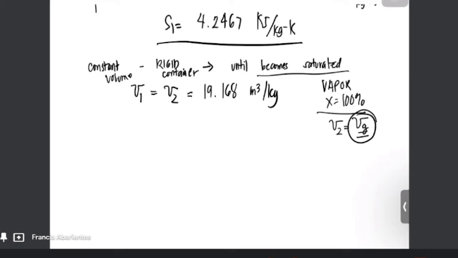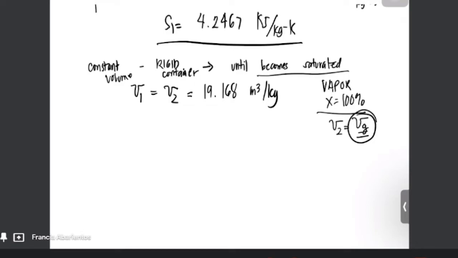Okay. Saan tayo pupunta? Punta ulit tayo dun, class, sa table 1. Table 1 pa rin tayo. Bakit table 1 pa rin? Pero anong hahanapin mo sa table 1? Kasi temperature din yung given natin.